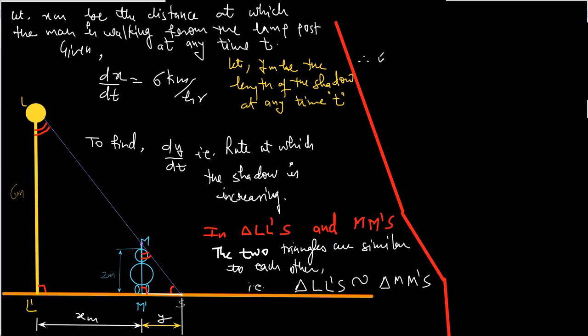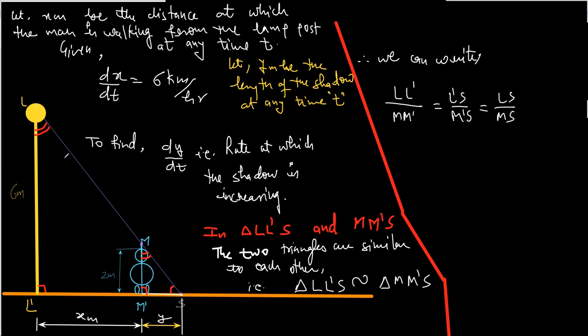So I will write, therefore, we can write here L dash upon M dash is equal to L dash S upon M dash S is equal to LS upon MS.